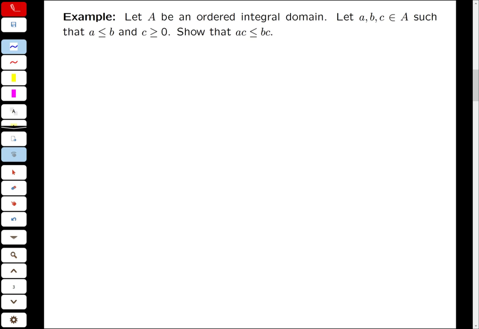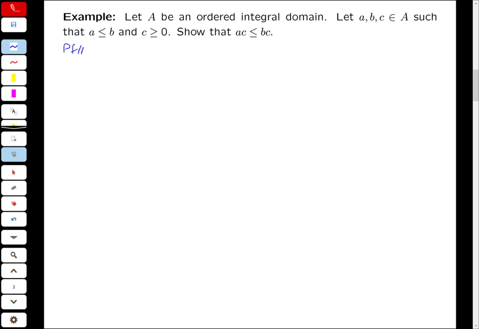Let A be an ordered integral domain. Let a, b, and c be elements of A, such that a is less than or equal to b and c is greater than or equal to 0. Show that ac is less than or equal to bc. This is similar to your first homework problem. It is using our definition of an ordered integral domain.